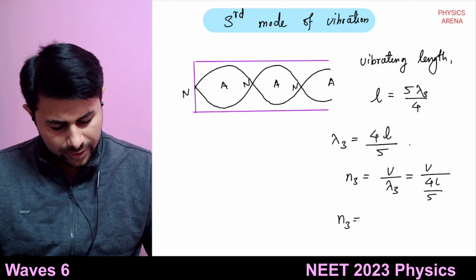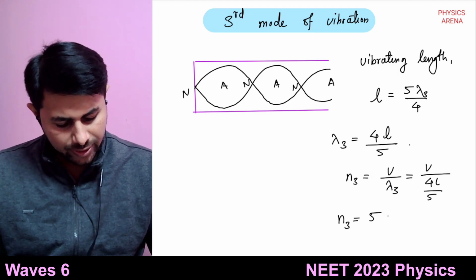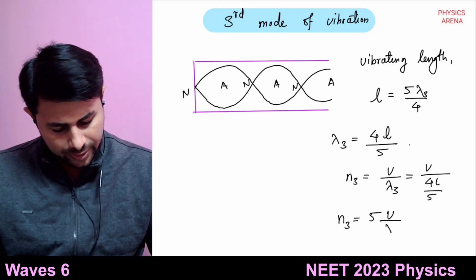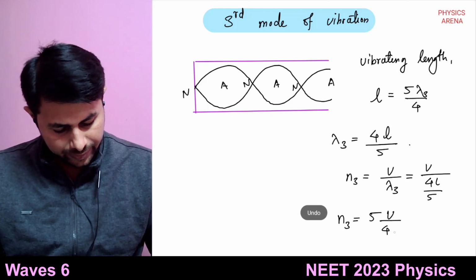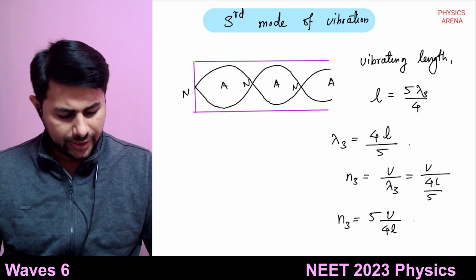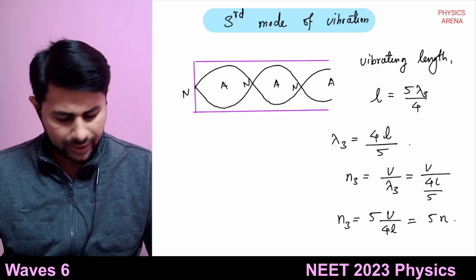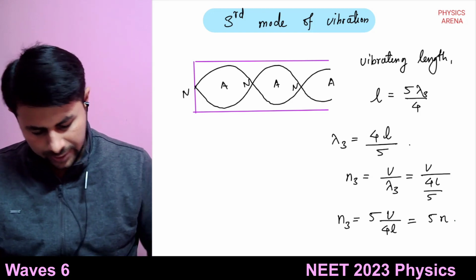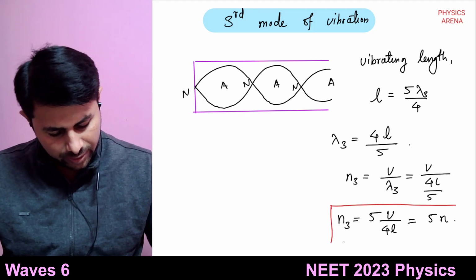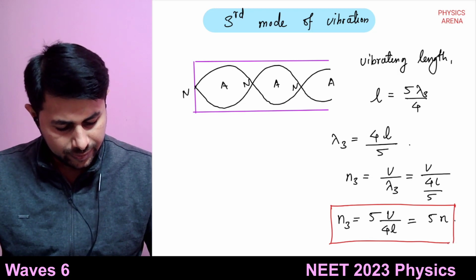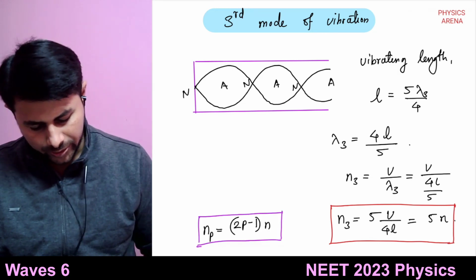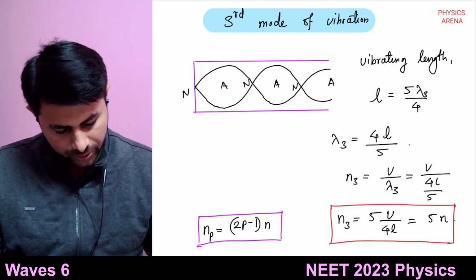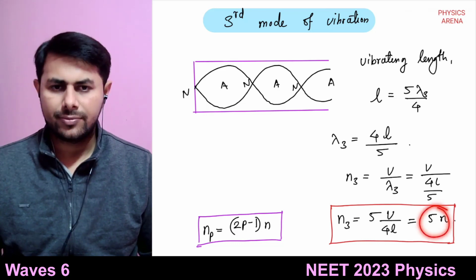So N3 is equal to 5 times V upon 4L, or you can say it is equal to 5 times the fundamental frequency. That is the frequency of the third mode. This is the fifth harmonic.